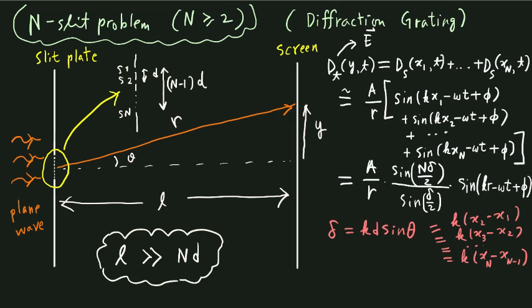Okay, so now what is the intensity? We can write down what is the intensity. Remember that intensity is basically proportional to the square of this thing coming in front of a sinusoidal function here. And as on the previous slide, we will actually ignore the slow variation like 1 over r squared. We will just treat that as a constant.